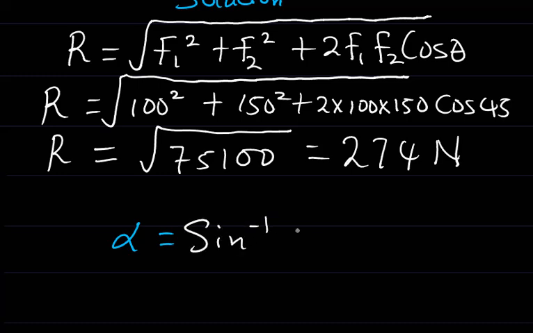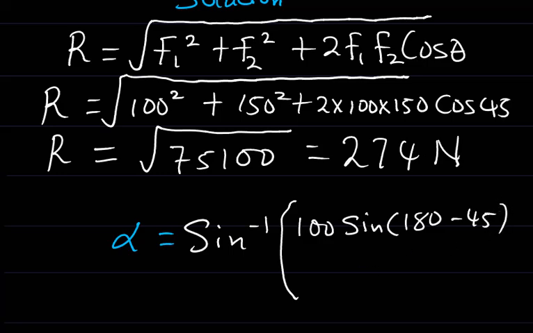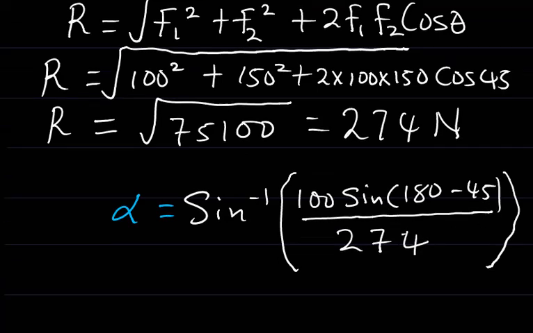That's going to be the sine inverse of F1, which of course is 100, then multiply by sine 180 minus theta, that's sine 180 minus 45, then divided by the resultant, which of course is 274. So let's work on this.